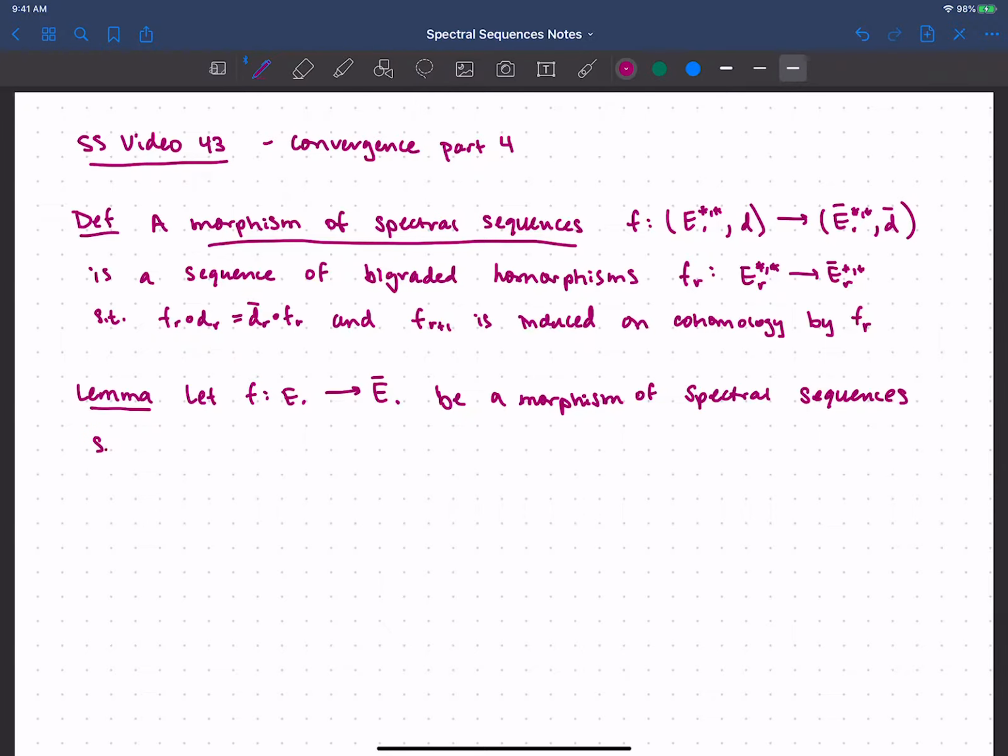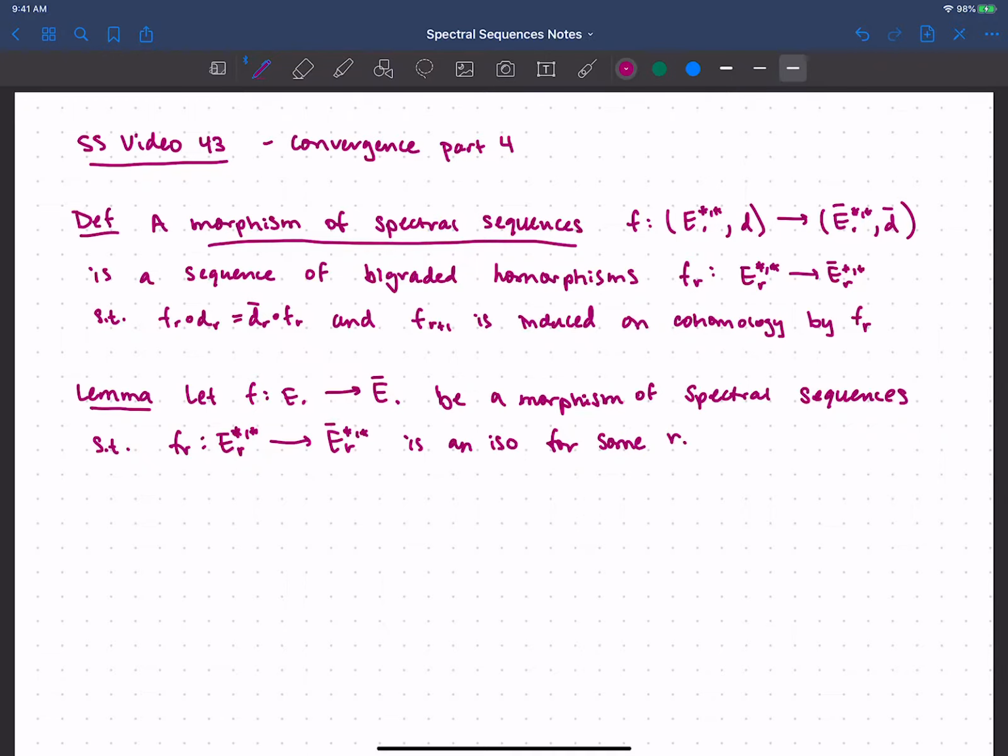And I want to say that we look at some rth page, and I could say for all p and q, but I'll just write star star. So we get to the other one. This should be an isomorphism. So let's say for some r.